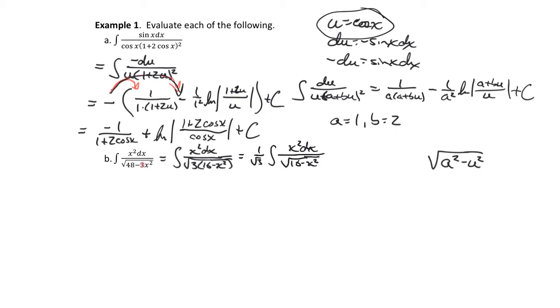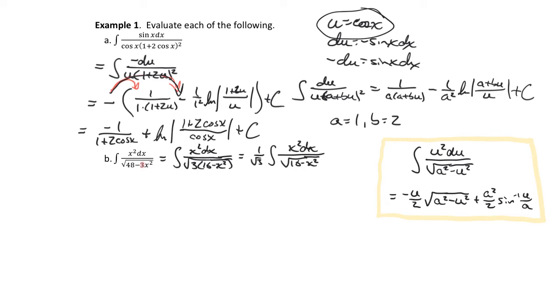Now what I do is I consult my table of integrals. There's no substitution really needed this time. I consult my table of integrals to see one that has a form where I have the square of the variable in the numerator over the square root of a squared minus u squared. I've consulted my list of integrals and I find this formula that seems to match what I have.